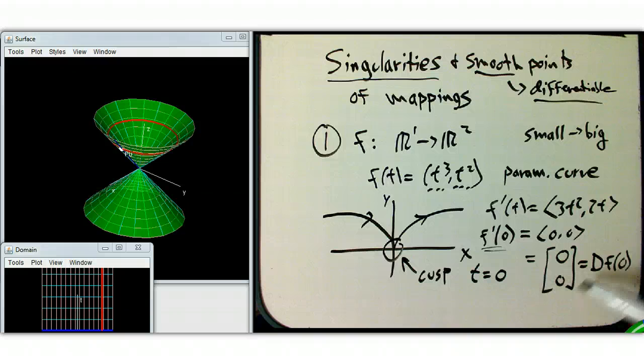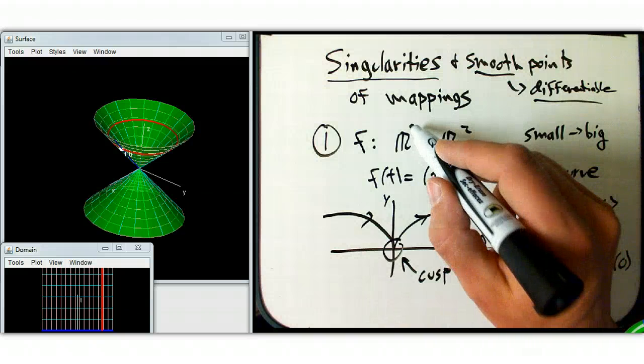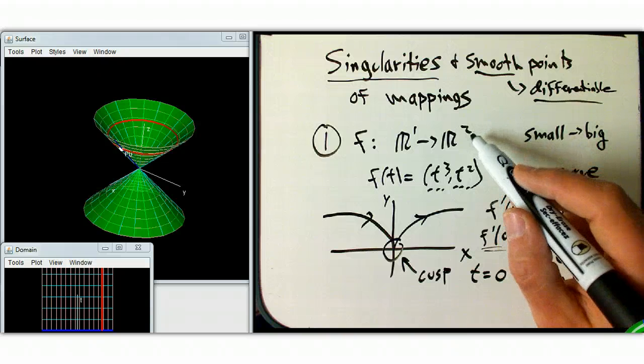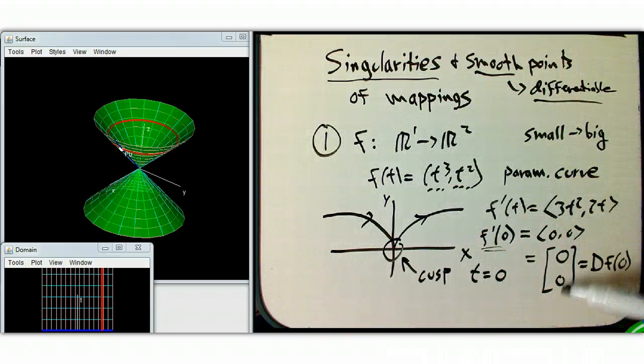That makes sense if we know any linear algebra, because a linear function from R1 to R2 is going to have a matrix that is 2 outputs, that's 2 rows, by 1 input, that's 1 column. And so the matrix really should be this guy. And in this case, you get the 0 matrix. Okay, so let's list what we could expect of a 2 by 1 matrix and what's special about this guy.